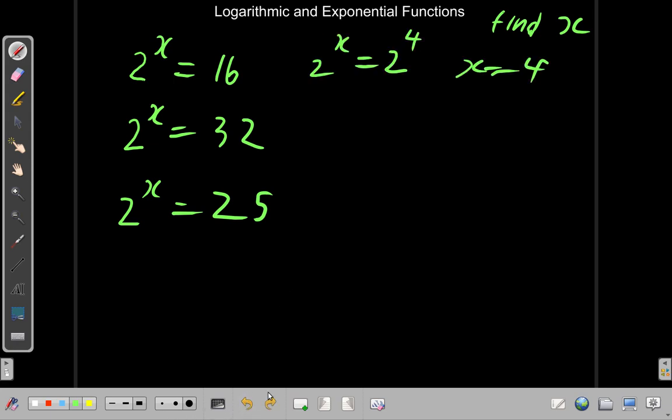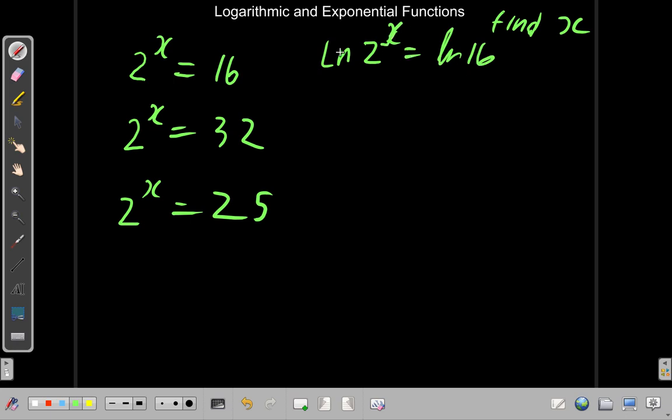Let me rewrite that. ln, you know, it's lowercase l when it's written. Whenever you see it written, whether in a book or on a website, it's lowercase l, lowercase n. ln 2 to the x is equal to ln 16.